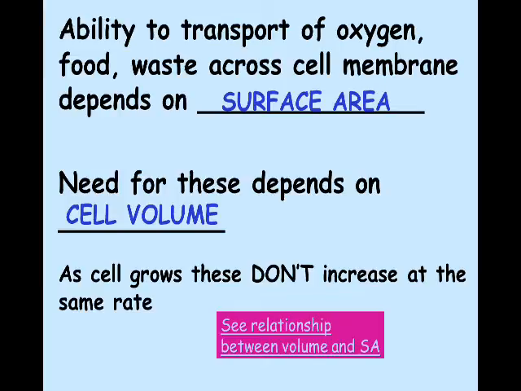The need for those things depends on the volume. The stuff inside the cell needs more oxygen for all the mitochondria. I need to get in glucose. I need to move ions around. And as cells get bigger and bigger, those two things, surface area and volume, don't increase at the same rate.